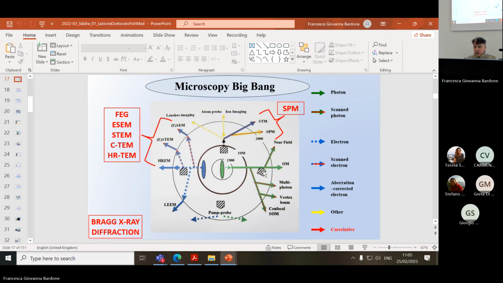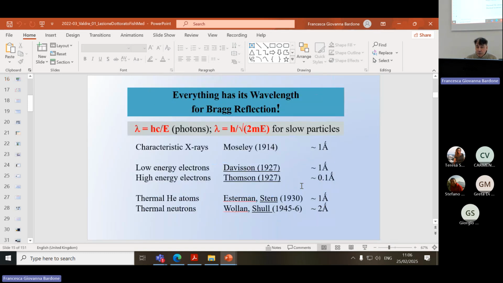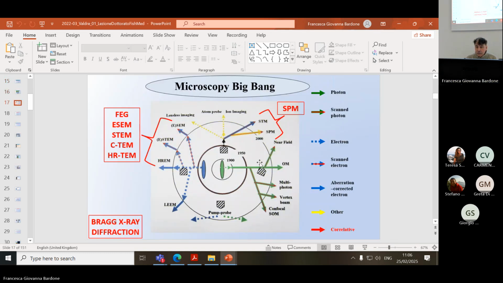The green part, I'll skip this, is optical. You know optical microscopy. It's a classical microscopy. All of you have maybe used an optical microscope. It is a microscopy, but with a very low resolution, just useful for micro, half a micron size objects.